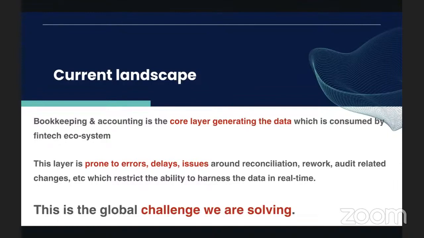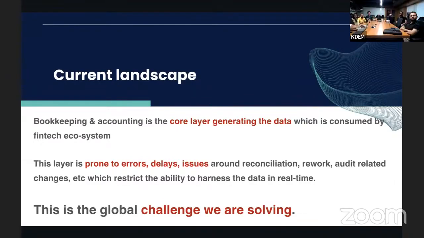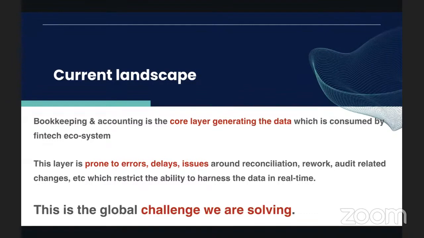At this point in time, a lot of innovation has come and a lot of technologies have been brought in at the fintech level, at an ecosystem level, primarily focused on payments, insurance, regulation, or taxation. But all the existing applications of the entire ecosystem are working on data generated by legacy systems.